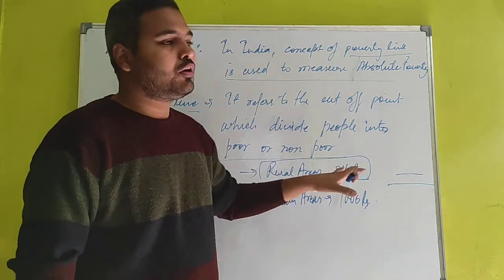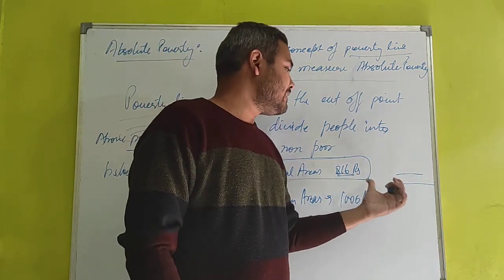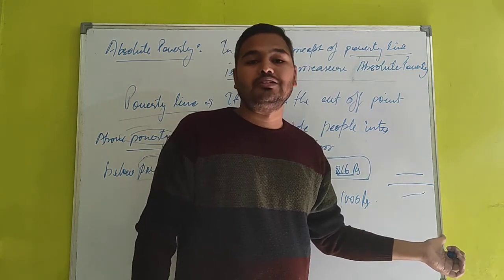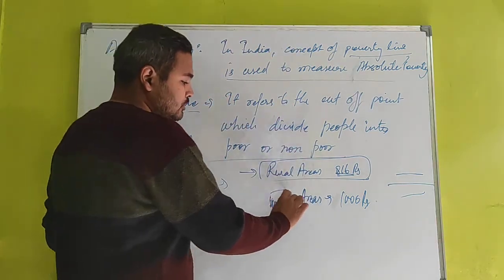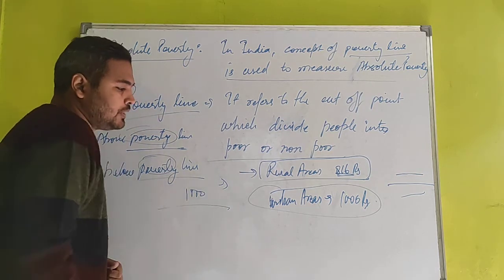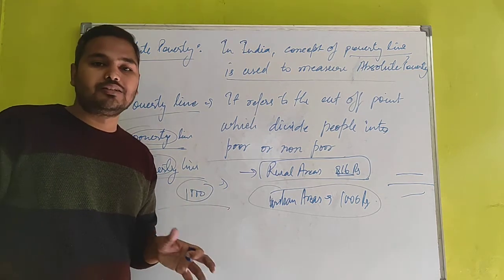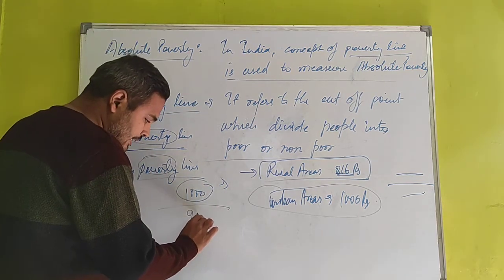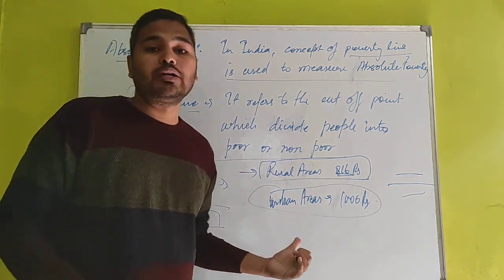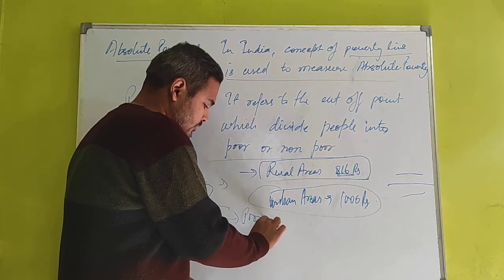And if that person, male or female, is not able to spend 816 rupees on consumption, he or she will be called below the poverty line, or considered poor. Now, a person living in urban areas, if able to spend 1000 rupees, will be called above the poverty line, and not considered poor. But if a person is spending 990 rupees, then that person will be counted as below the poverty line, or said to be poor. So this is the cutoff point.